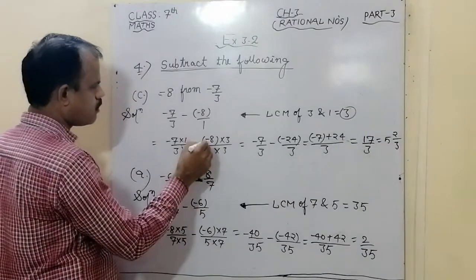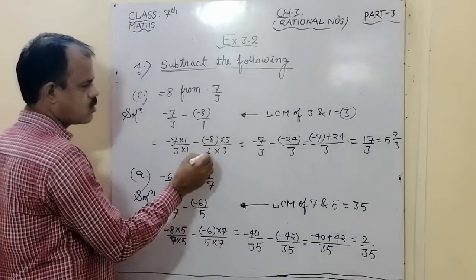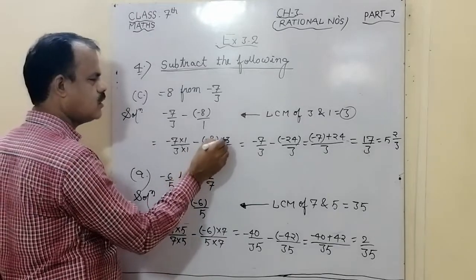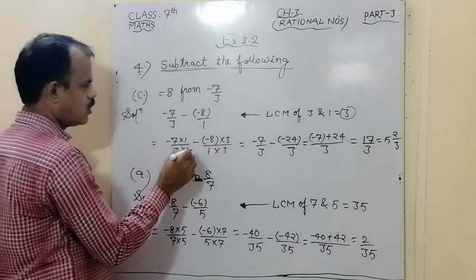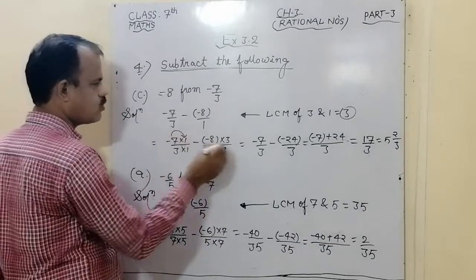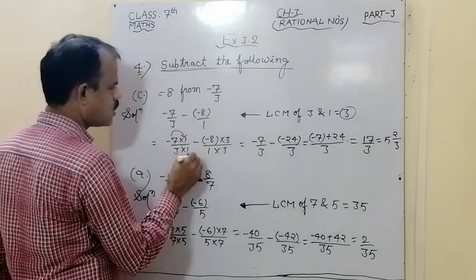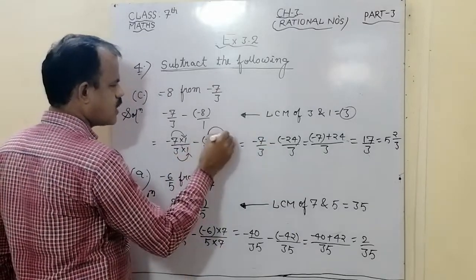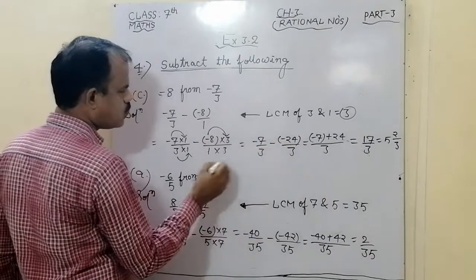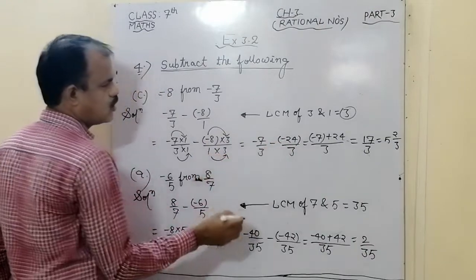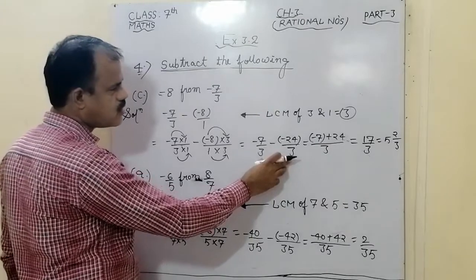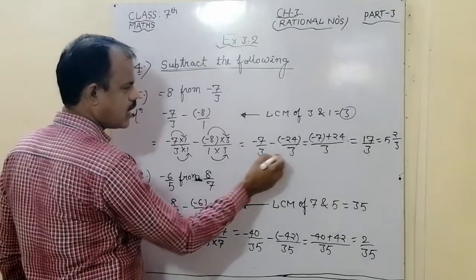And minus 8 by 1: to change this 1 into 3, we multiply by 3 on both numerator and denominator. Now minus 7 into 1 is minus 7, 3 ones are 3, minus 7 by 3, minus 8 into 3 is minus 24, 1 three is 3. Now both the fractions are like fractions, we have to take the LCM.